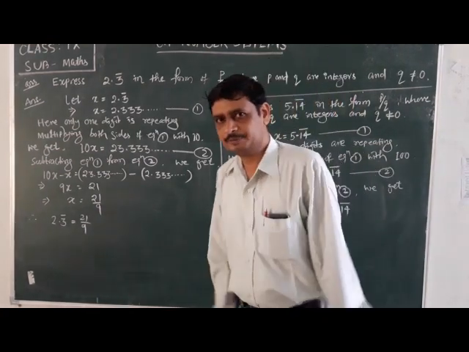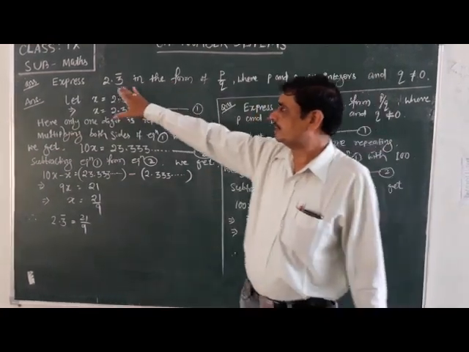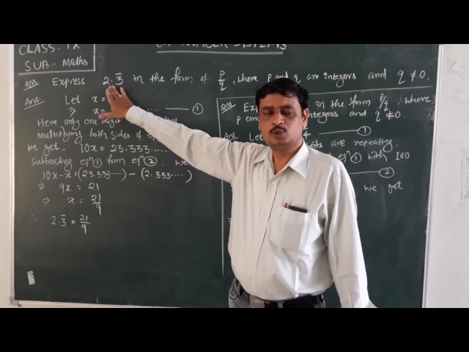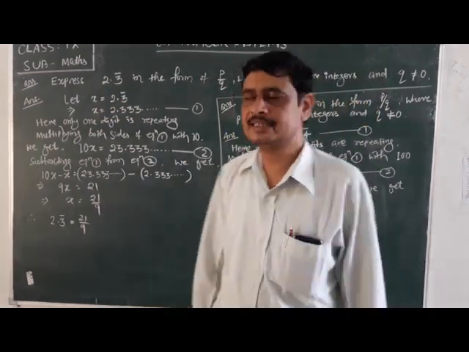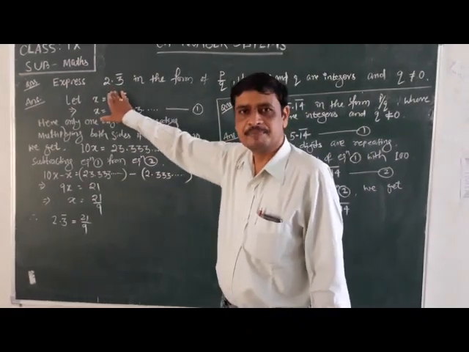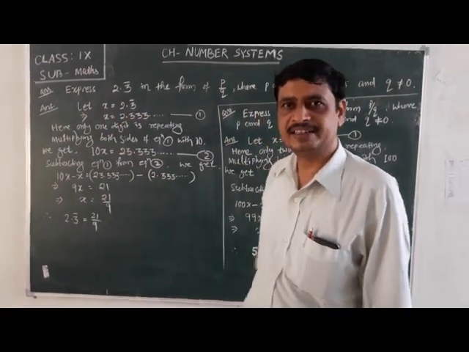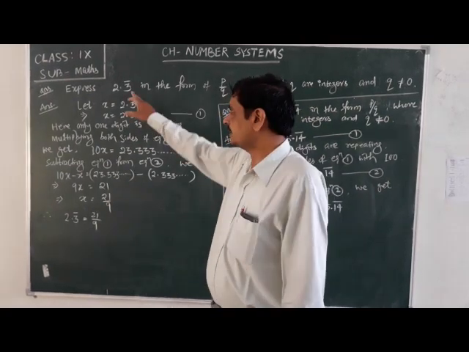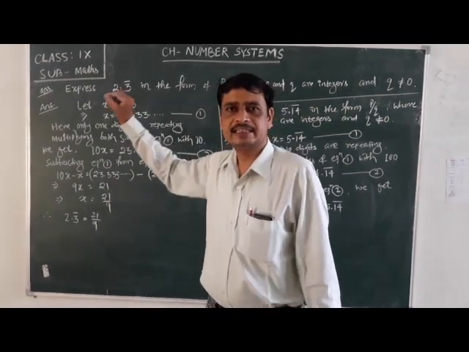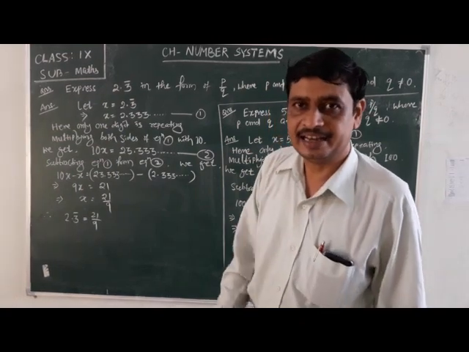Here we have to express this decimal number 2.3 bar in the form of p by q, since 2.3 bar is a non-terminating and repeating decimal number. Here this 3 bar means 3 is repeating again and again.